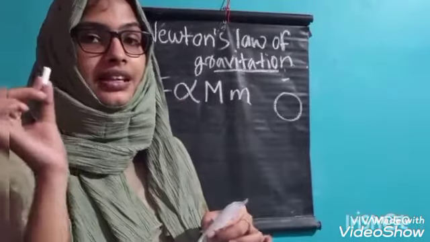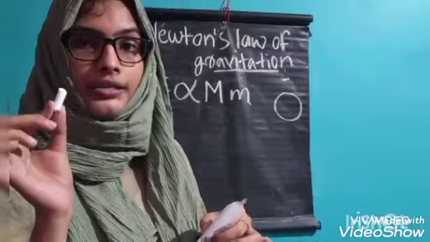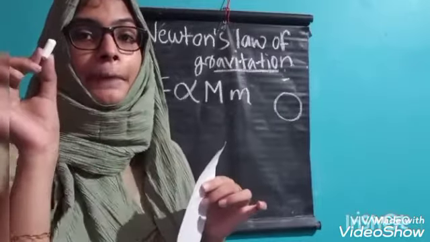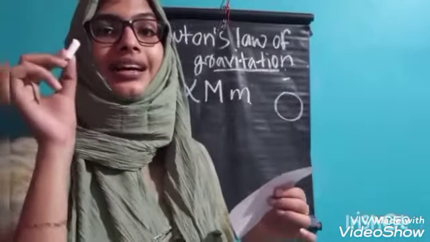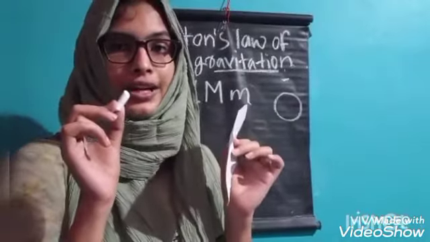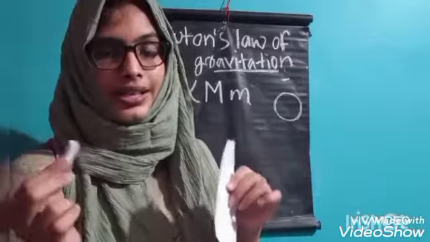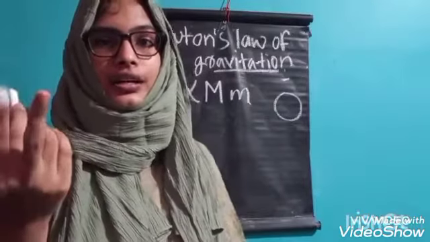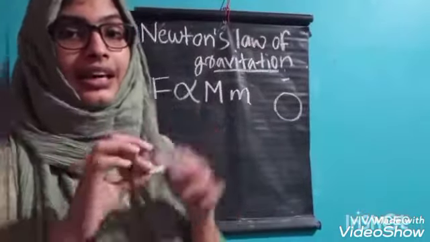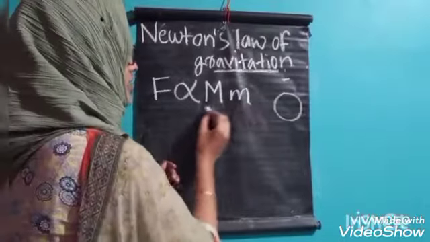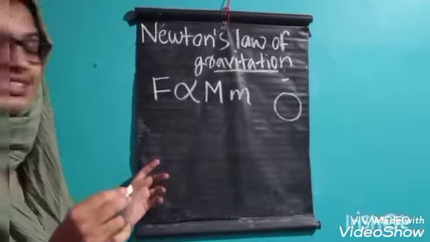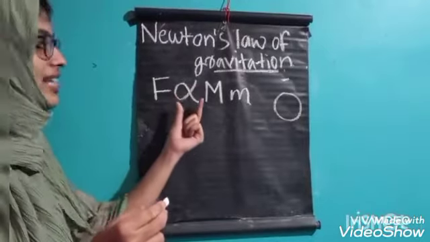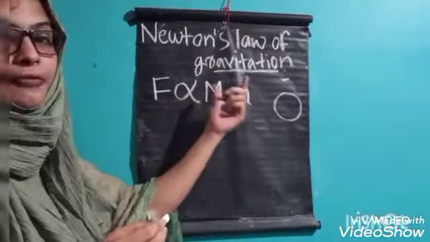The chalk has greater mass than the paper, so the chalk reaches the ground first, because the force of attraction between the earth and the chalk is much greater. As the mass of the object increases, the force of attraction increases. So the force of attraction is directly proportional to the product of their masses.